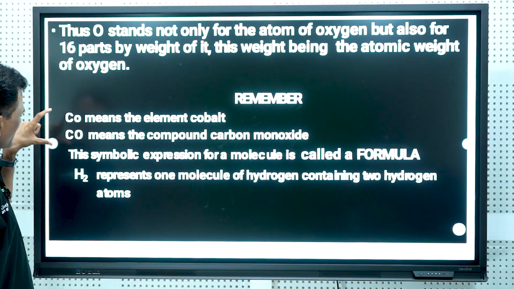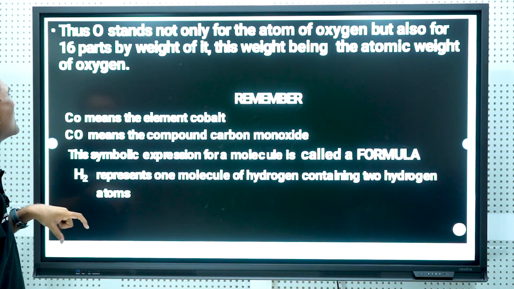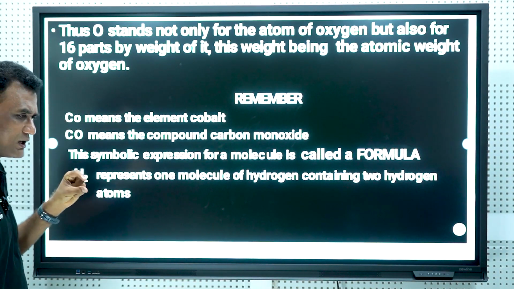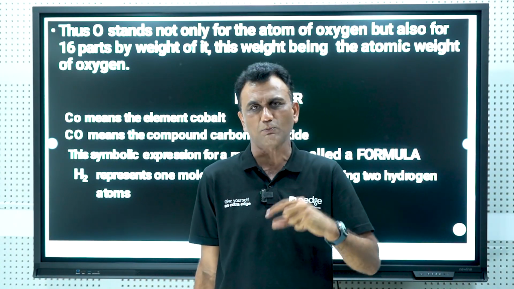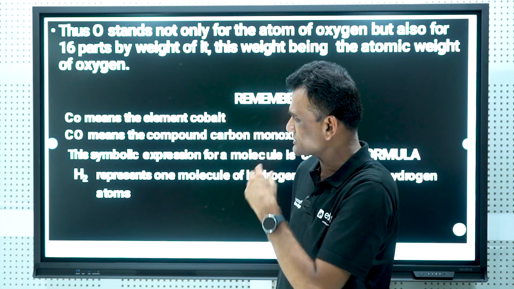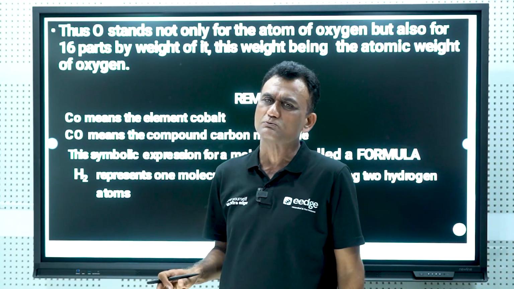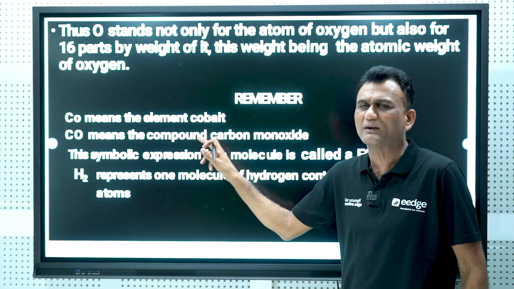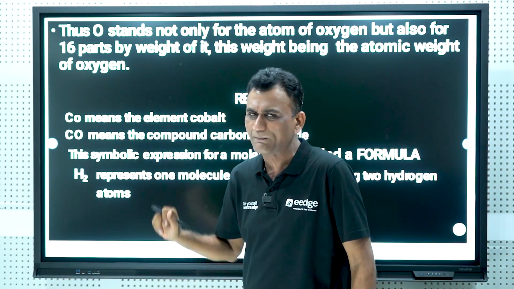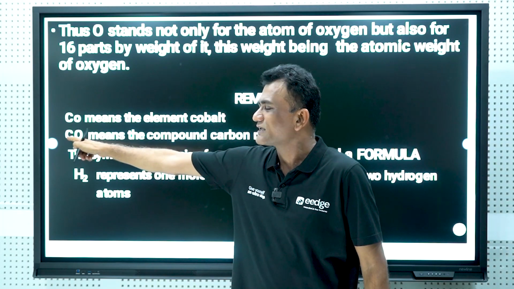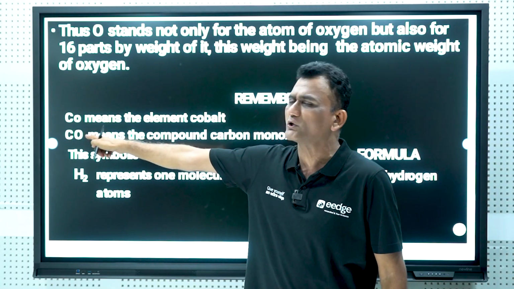Now we have already talked about this, but it is important, so I have taken it again: when you write the symbol of any element, the first letter is always a capital letter and the second is always a small letter, right? Uppercase and lowercase. So when you write capital C and small o, it means the element cobalt. We are talking of cobalt. But when we write capital C and capital O, this capital C is carbon and this capital O is oxygen.